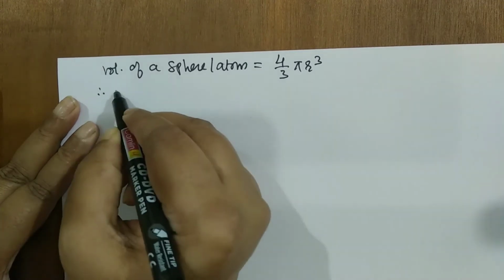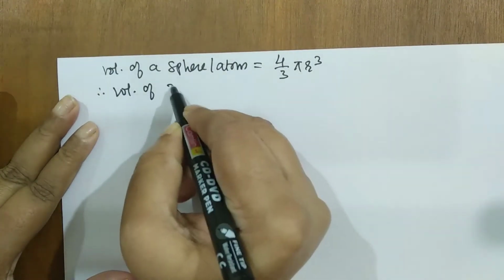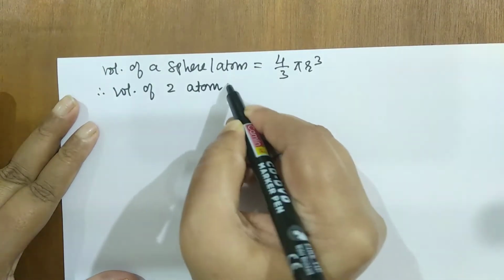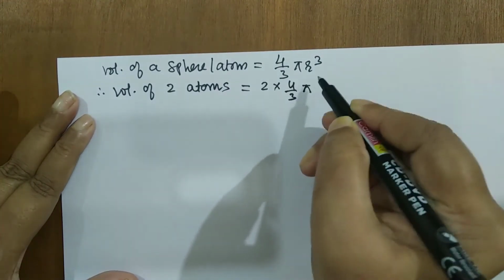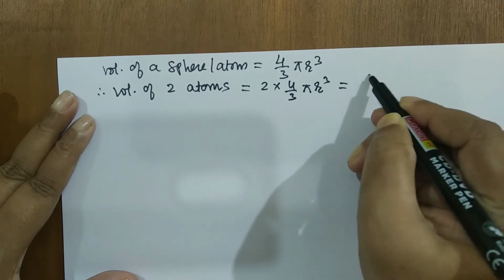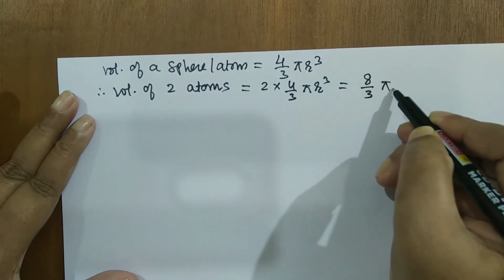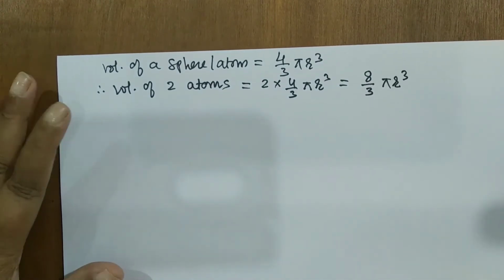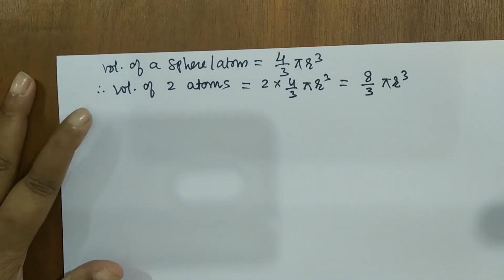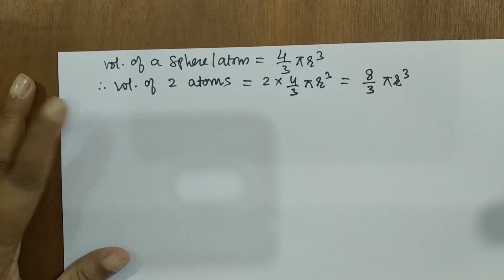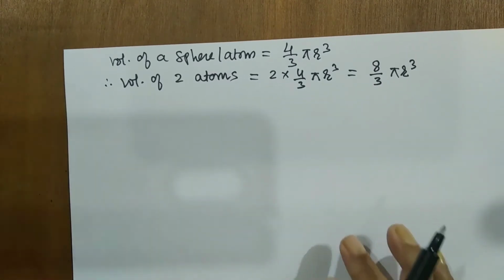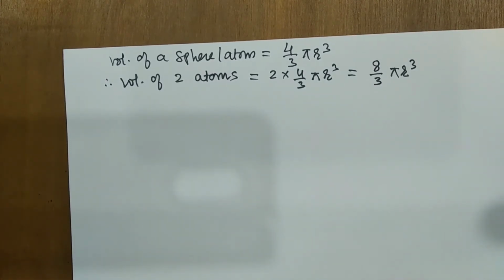So therefore volume for 2 atoms is equal to 2 into 4 by 3 pi r cube. So this will come to 8 upon 3 pi r cube. I got the volume of the atoms which are involved in BCC structures, and I have the volume for the unit cell. So let us go for the packing fraction.